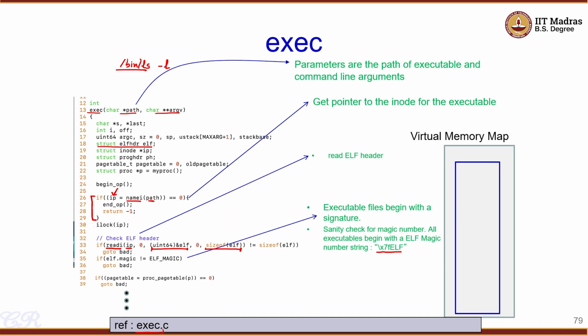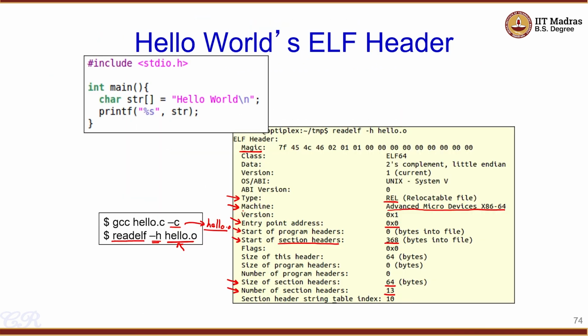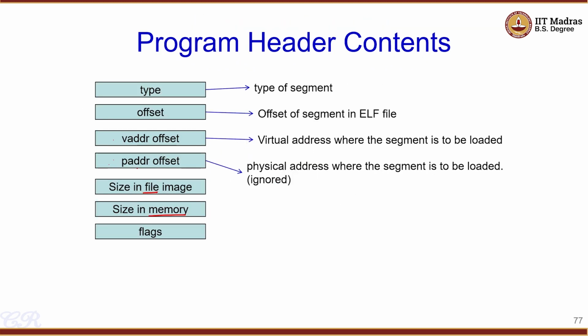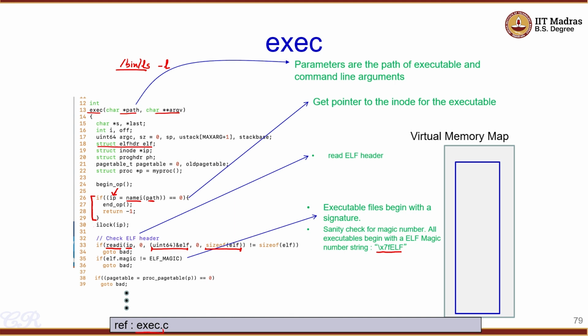If I go back to our example which we saw previously, notice the magic number: 7f, 45 is E, L, and F. This is what is checked over here in the magic number.